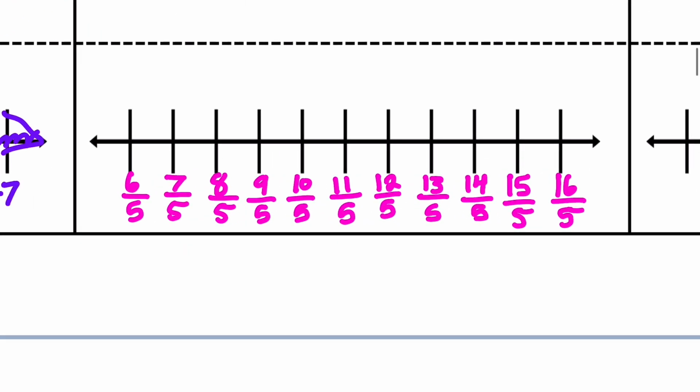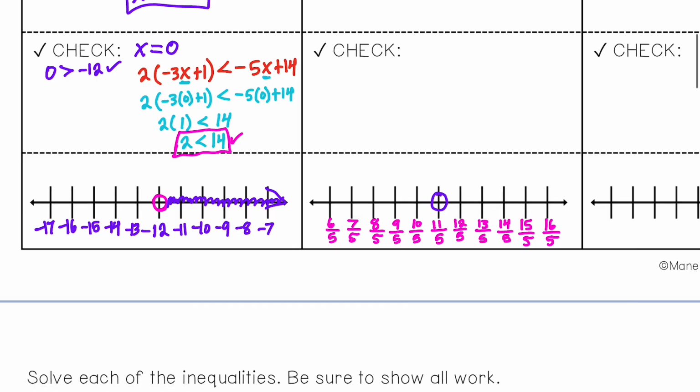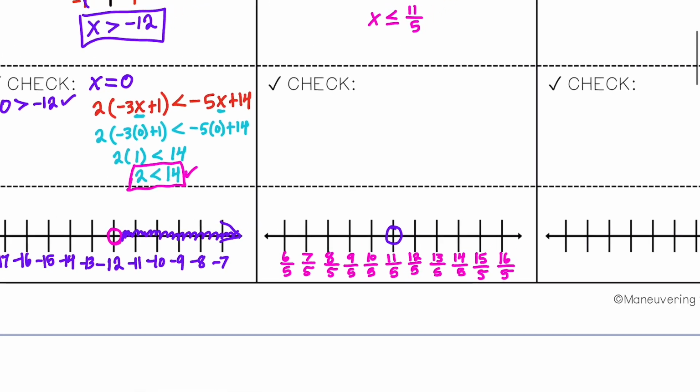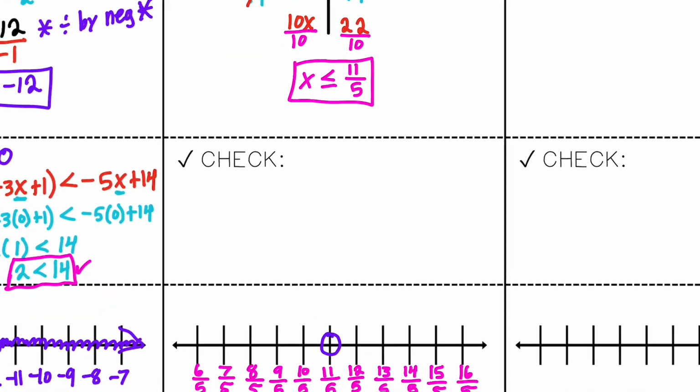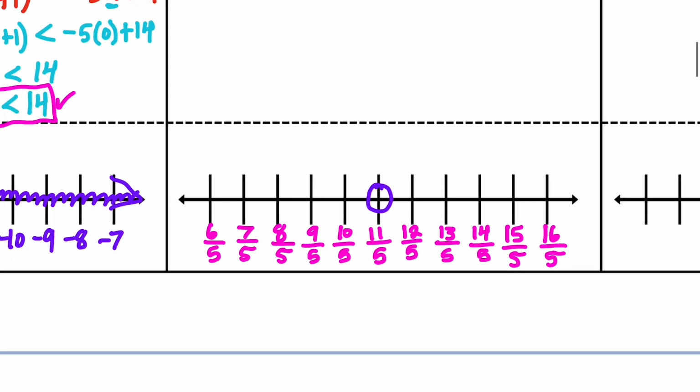So let's draw a circle here. Now, something that I want to say is, check this out. This is a less than or equal to sign. Let me go ahead and put a box around it. This sign has a solid line underneath it. This solid line means I need to use a solid circle.